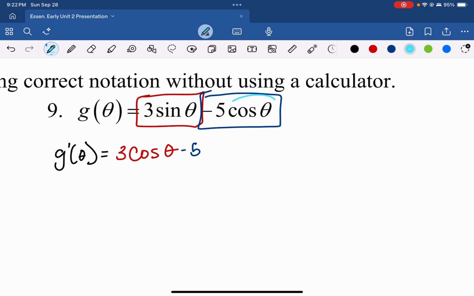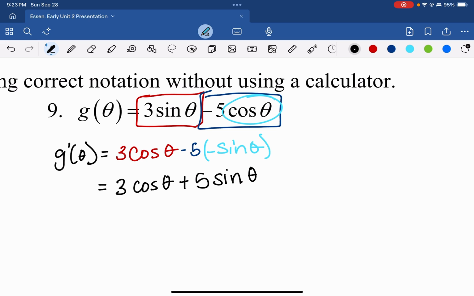And the derivative of cosine theta is negative sine theta. And I'm multiplying here, so negative 5 times negative sine. So we're going to get 3 cosine theta plus 5 sine theta. I think sometimes it helps to write it out like this: we just keep the coefficient there and take the derivative of the trig function.